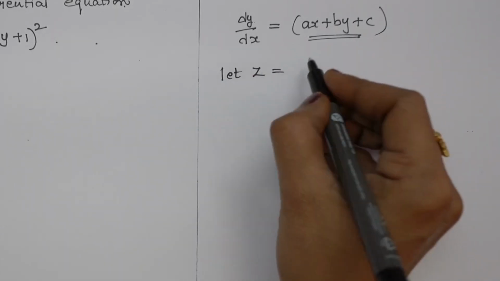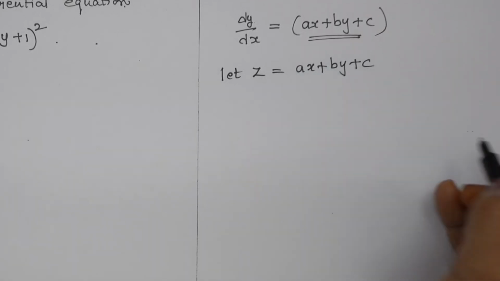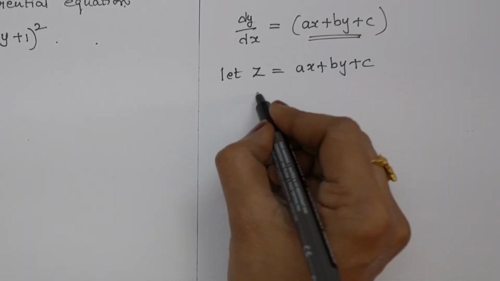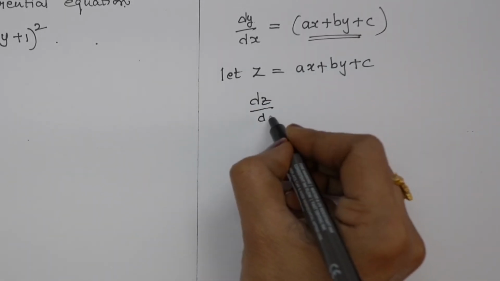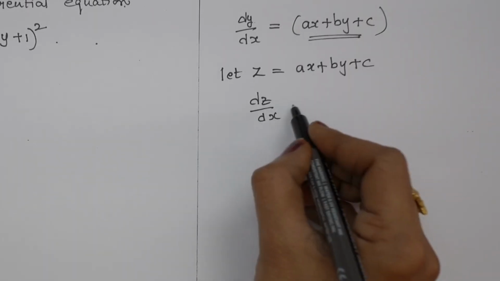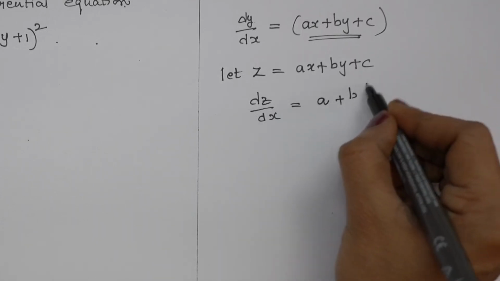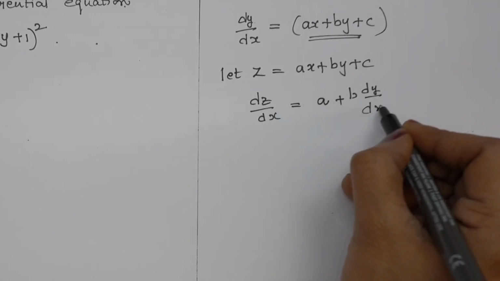Let z is equal to ax plus by plus c. Further, calculating the derivative, dz by dx is equal to a plus b into dy by dx.